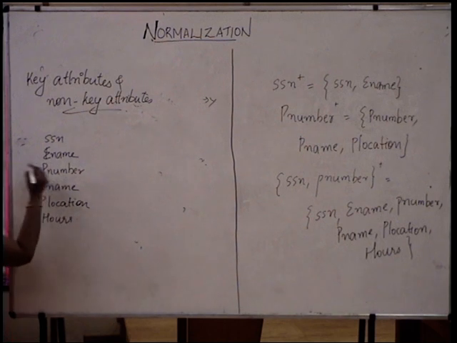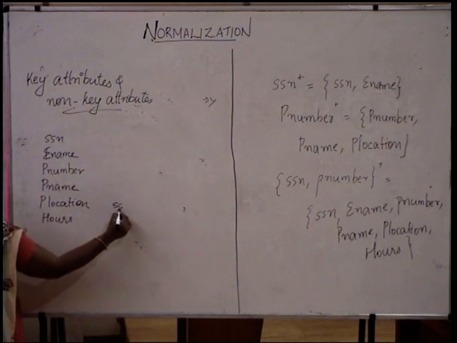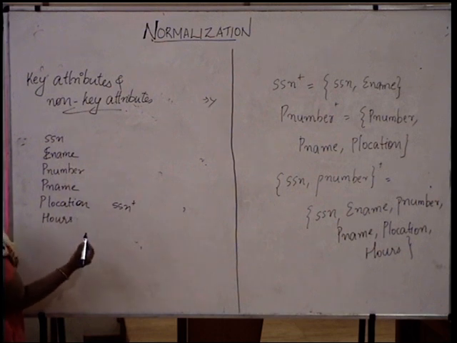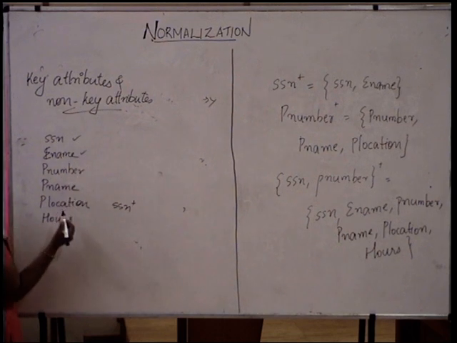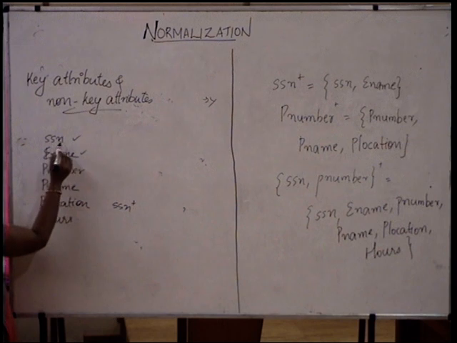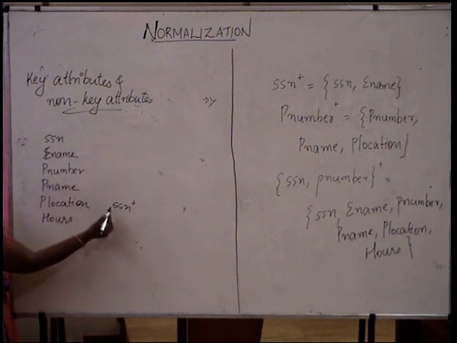So first of all, in the SSN closure, the attributes are SSN and E name. So here only two attributes are there in the SSN closure.